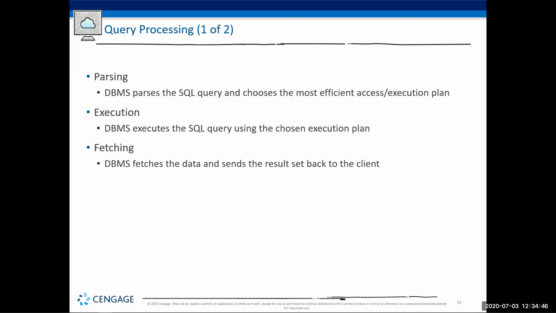Now you also have to look at the incoming queries that are asking for it in the first place, how you can potentially optimize that SQL coming in, in conjunction with your data context and your hardware components. So there are actually three components to query processing.